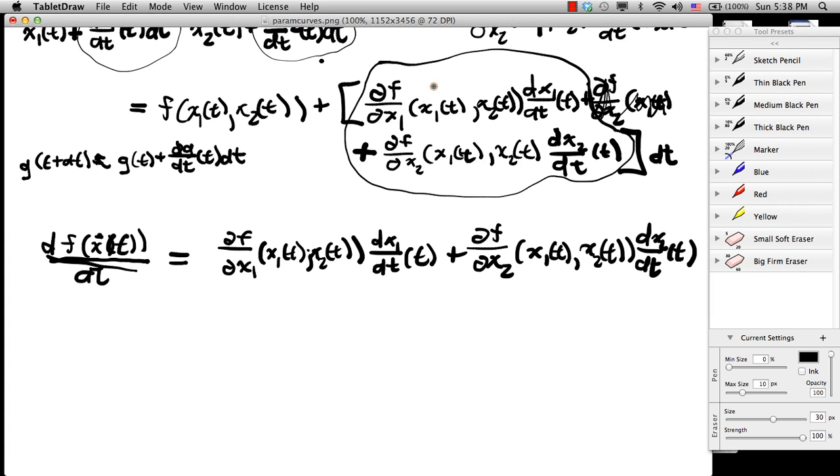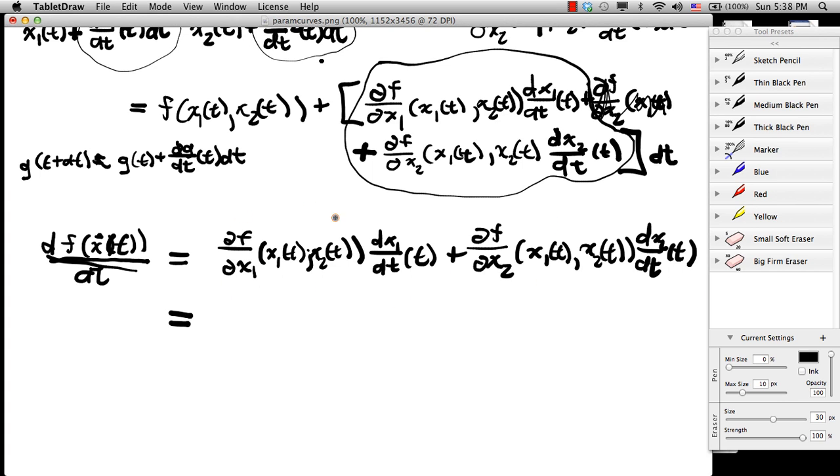Now there are a lot of symbols being thrown around here, so this is getting really confusing. It's going to be a little confusing at first, which is why you probably need to go back through this video a couple of times until it really sinks in what exactly is going on here. But this is our rule. This is our chain rule.